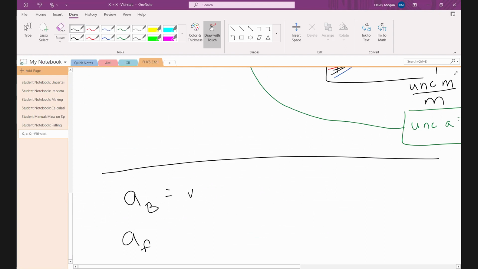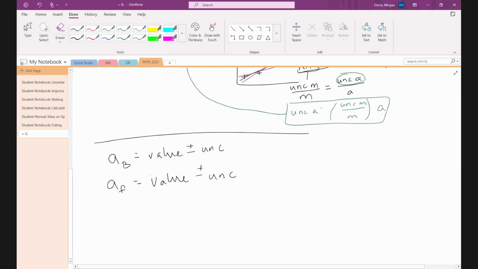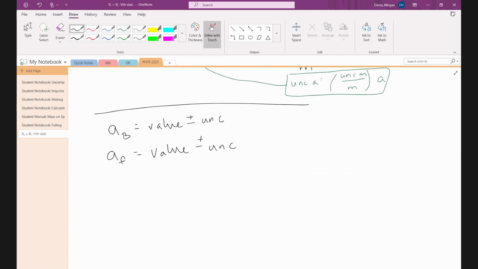So for both of these, you'll get some value plus or minus some uncertainty. So you'll need to have two measurements formally written out like this. And then you need to create a whisker plot comparing the two. So you should have this against acceleration. And then you'll have just the 2 points with error bars.